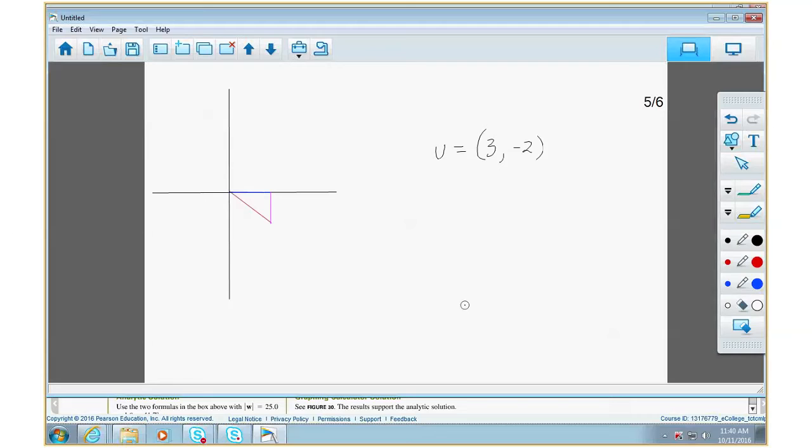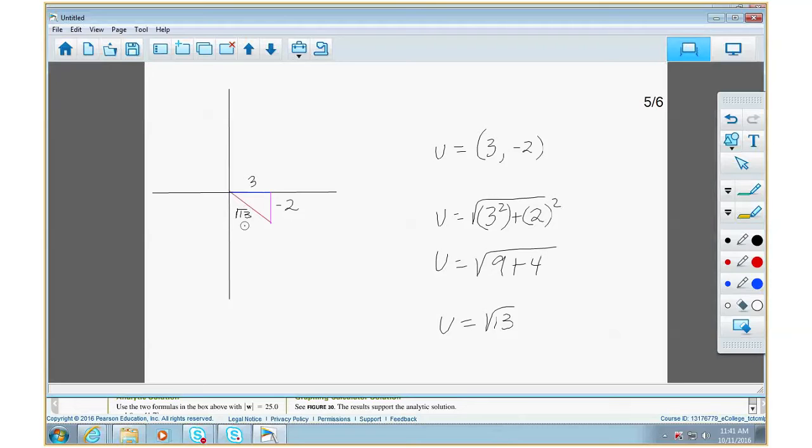They're basically giving you the 3 here and the negative 2 here, which we did in trig. So the magnitude of u is equal to the square root of 3 squared plus 2 squared, which is the square root of 9 plus 4, which is equal to what? The square root of 13. We're just going to leave it as the square root of 13 for right now.